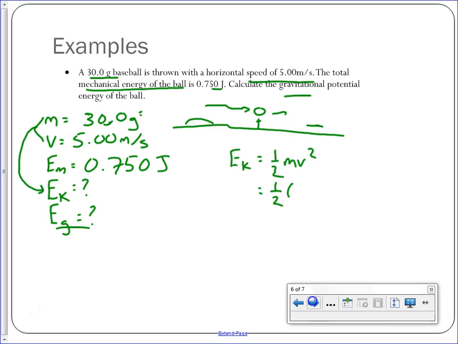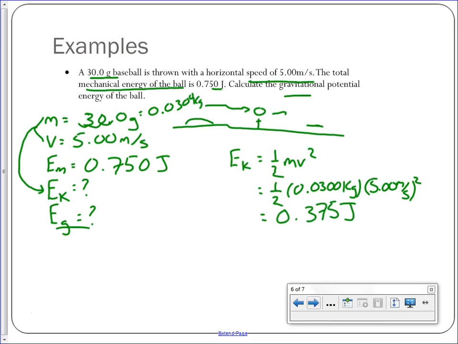We divide by 1,000, so we get 0.0300 kilograms, times our speed of 5.00 meters per second, all squared. It'll take a few seconds to calculate, and we get an answer of 0.375 joules.